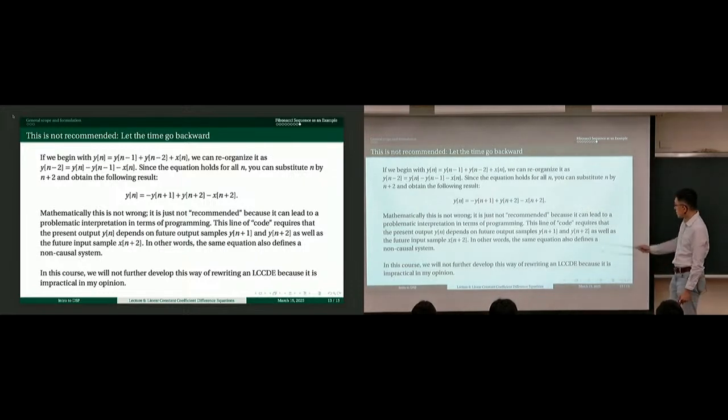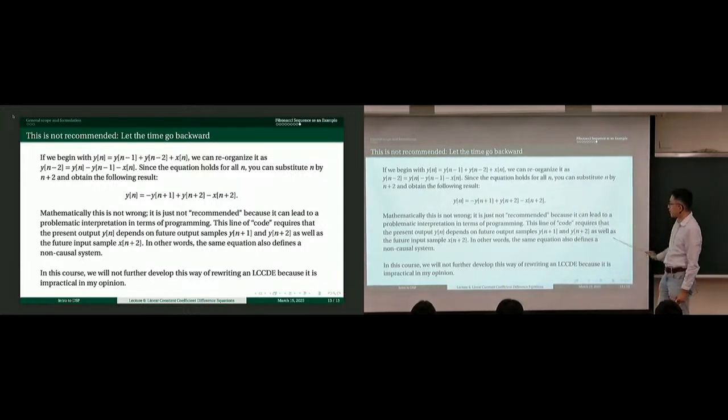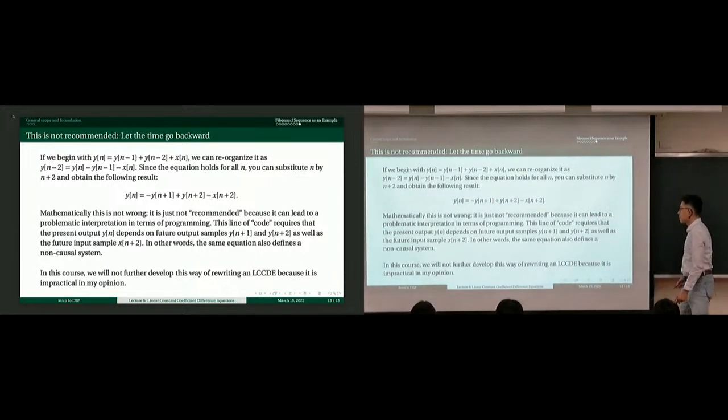The code requires the present output to depend on future output samples, these two samples, as well as a future input, one future input sample. So now this system is non-causal because the present is affected by the future, if you think of this as one line of code.